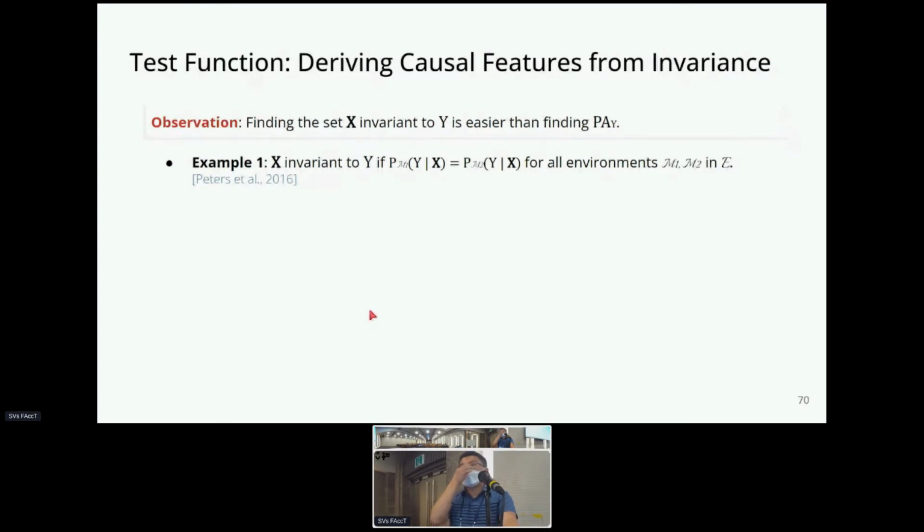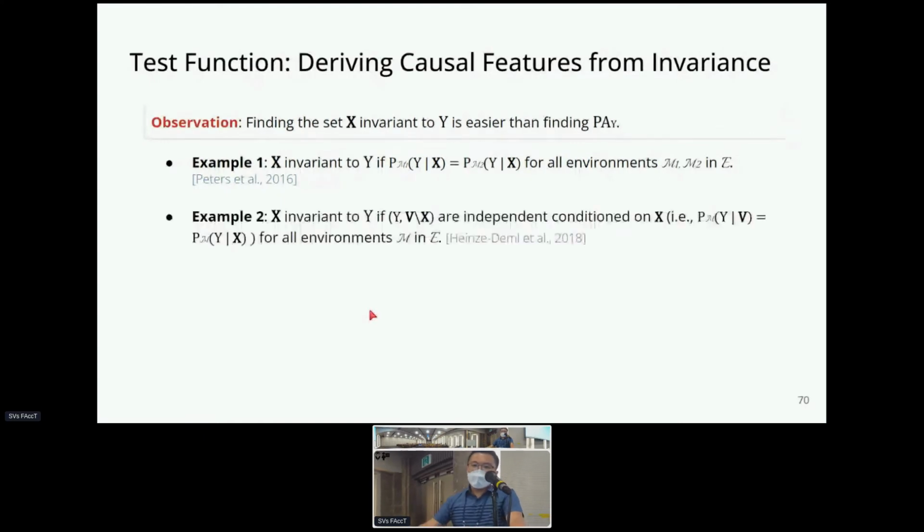So there is some way to test whether some sets are invariant or not. Another approach is using the conditional independence test: X is invariant if Y and the rest of the variables are independent, conditioned on X.